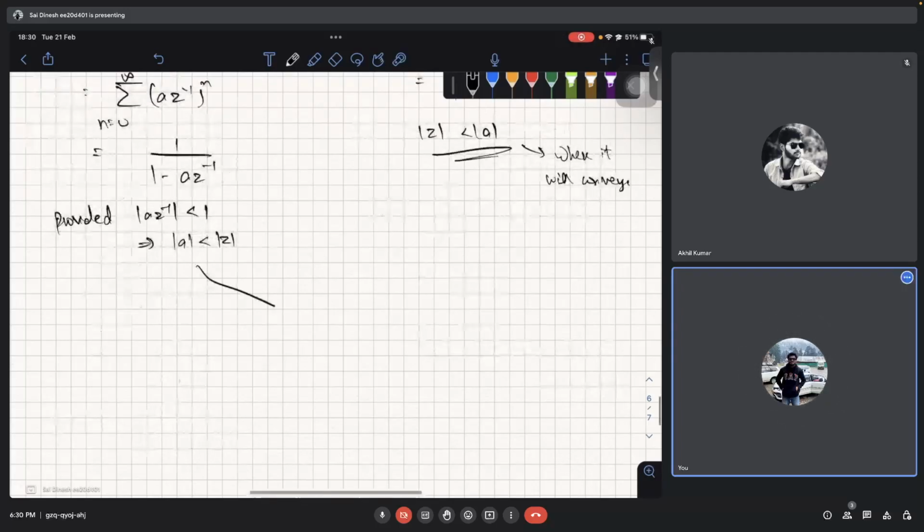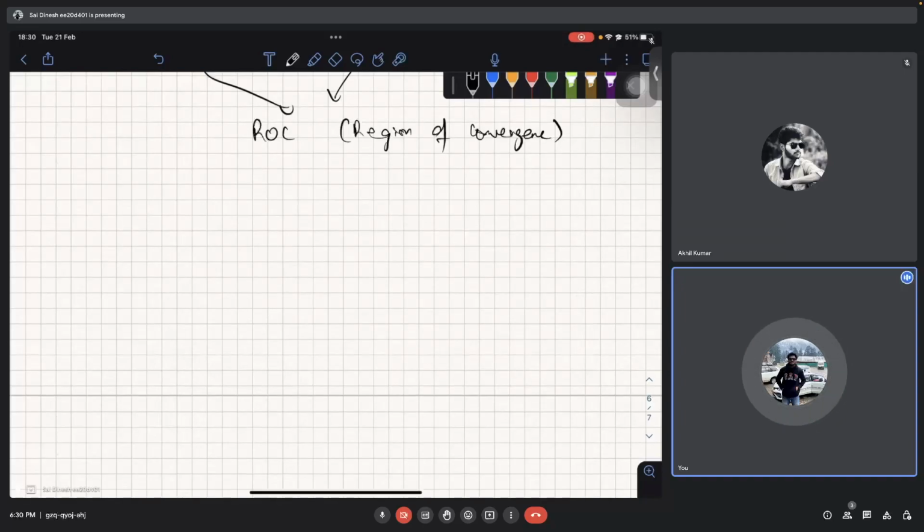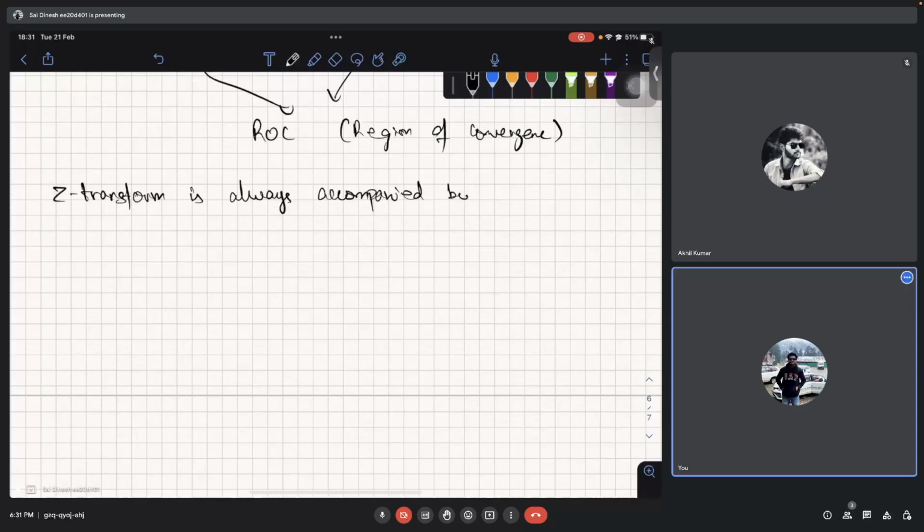These are known as the ROC, the region of convergence. So the Z transform is always accompanied by an ROC, right?